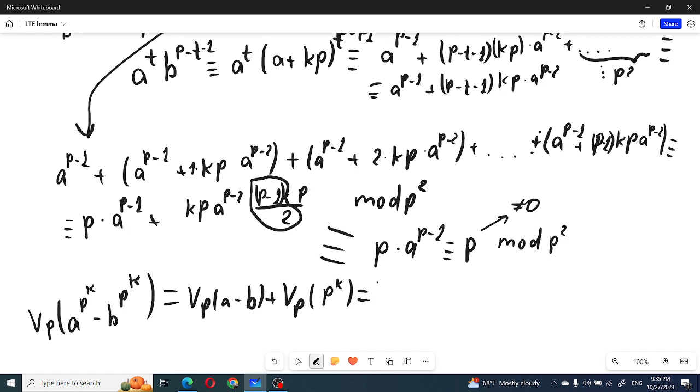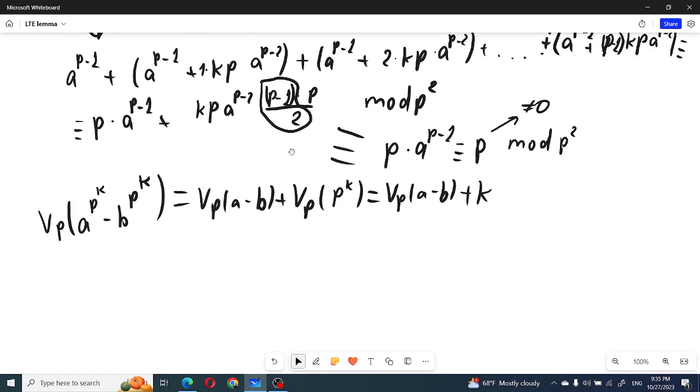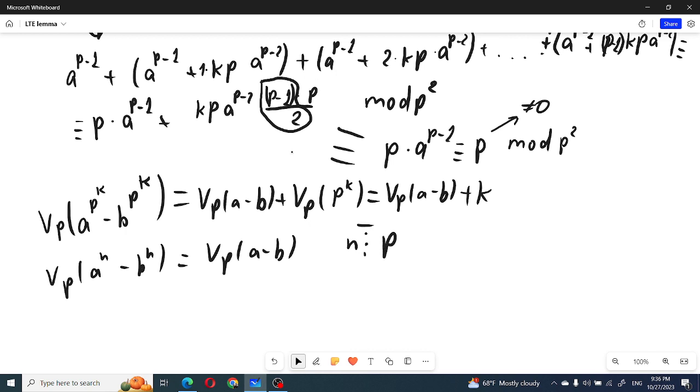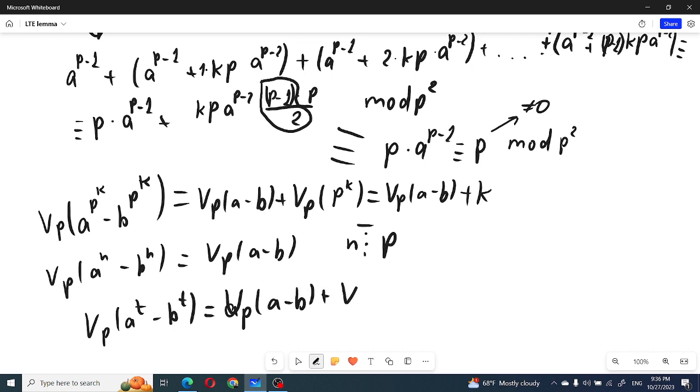So this must be vp of a minus b plus k. And now we can use the above fact that vp of a to the n minus b to the n was vp of a minus b if n is not divisible by p. So we can see that for every number our above formula works, that vp of a to the t minus b to the t must be vp of a minus b plus vp of t.